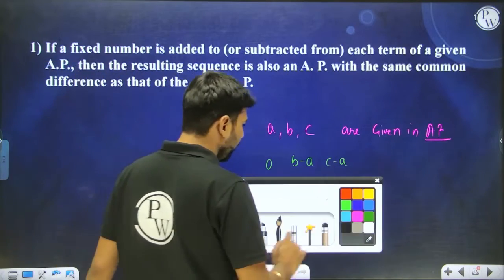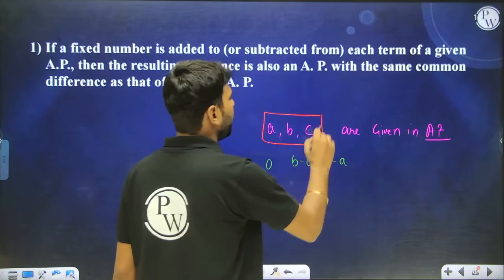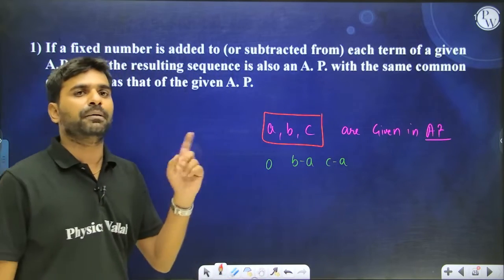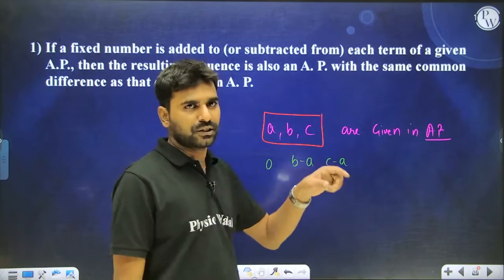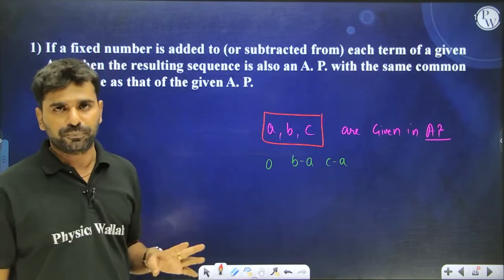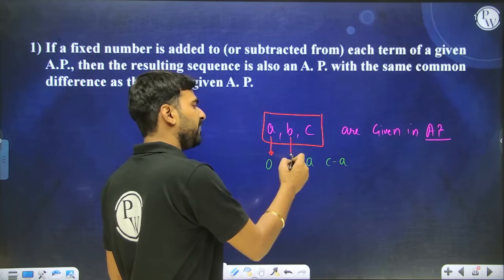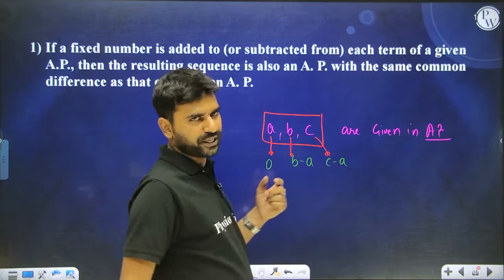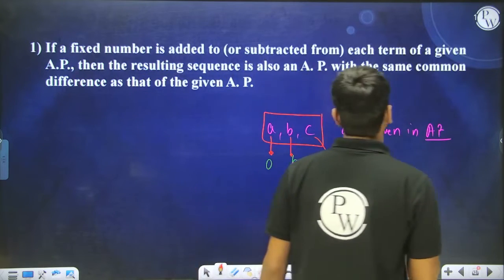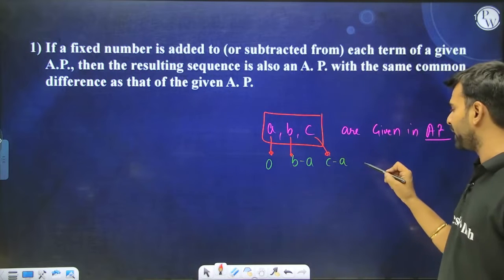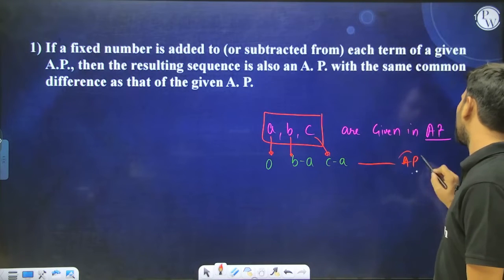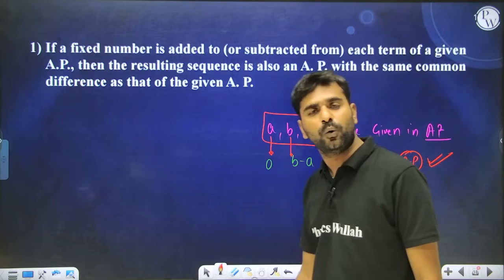So understand, if these terms are in an AP, and you subtract the same number from all three numbers, the resulting sequence is again going to be in an AP only. If you subtract A from the first, you get 0. From the second, B minus A. From the third, C minus A. You are subtracting the same number from each, that's why the resulting sequence is also going to be in an AP only.